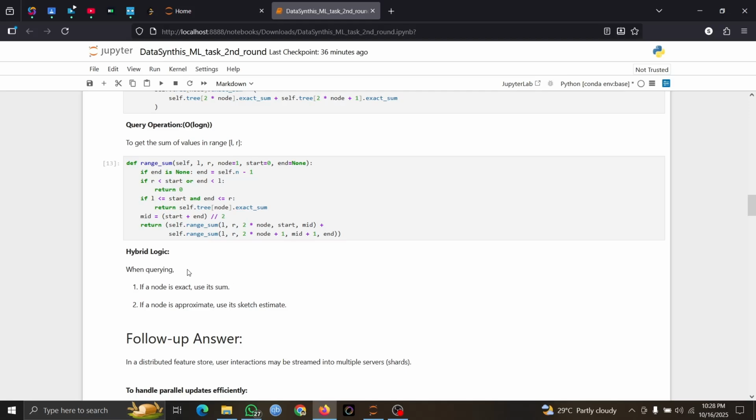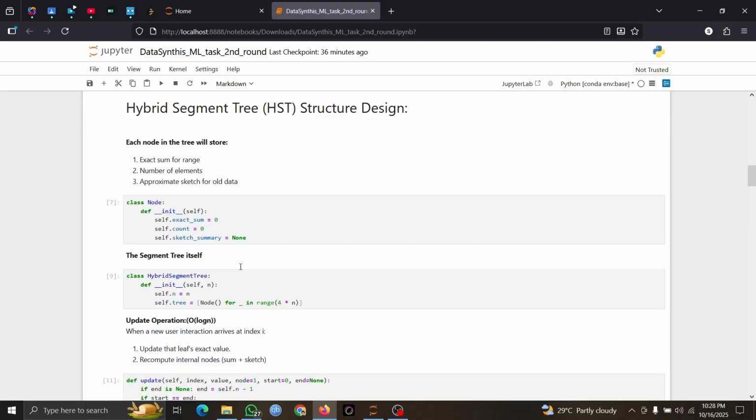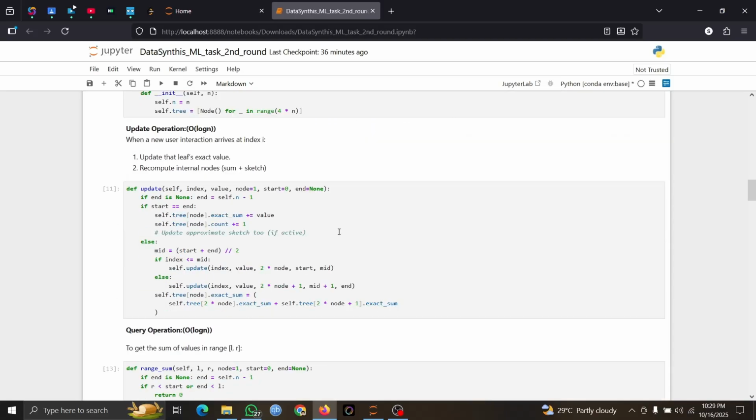Now the answer to the follow-up question, how would you parallelize the updates for distributed feature stores.